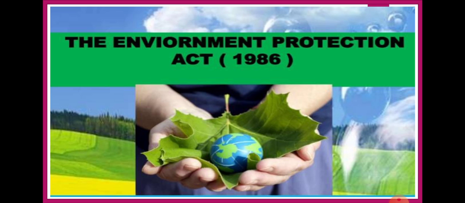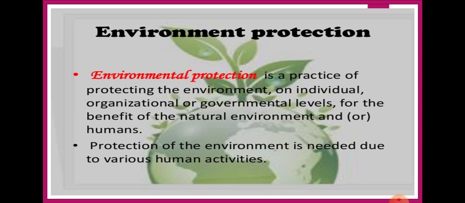The Environment Protection Act 1986. Environment is a very big issue, and a very delicate thing that should be protected nowadays. We have learned about the cracker scene also. We have learned about the Bhopal gas tragedy also, and how a gas leak destroyed the environmental condition totally.